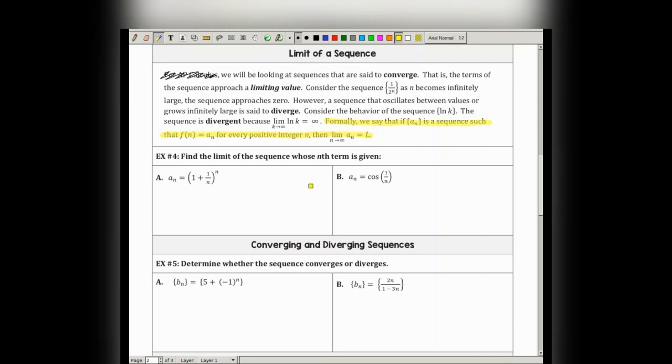All right, so let's take a look at number four here. I think we've done this one before, right? So here, if I consider a sub n to be like a function, and I just treat it the same way as a function, then we'll see that this one actually approaches what? Do you guys remember what this approaches? Anybody? I'll give you a hint.